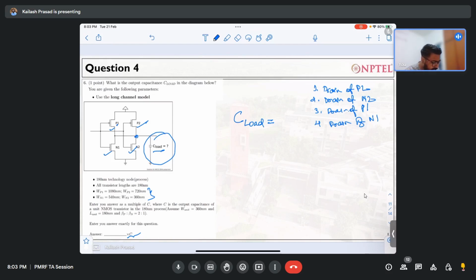You just have to add all of them. P1 is 1080, P2 is 720, N1 is 540 and N2 is 360. So you add the widths of all the transistors.